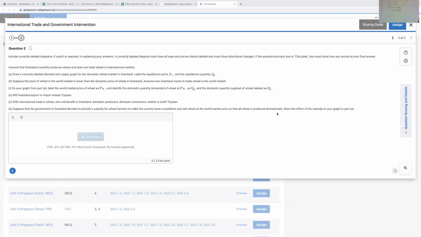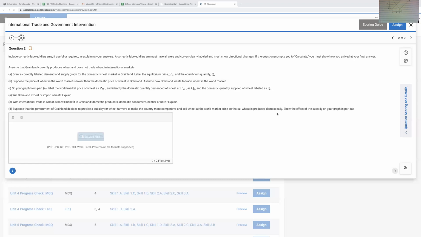where the new supply intersects with that world price, intersects with the demand curve, which means we want Q3 at the price of PW. And if we don't get it at PW domestically, then we're going to get it somewhere else. We're going to import it. And so if the government decides to provide a per unit subsidy to try and get all of our production to be in-house and not have us import anymore, that per unit subsidy has to lower the price all the way down to PW.